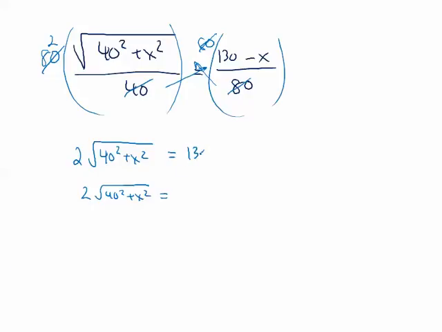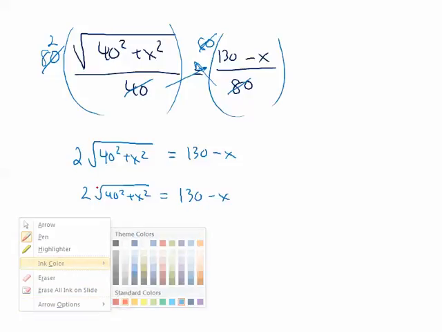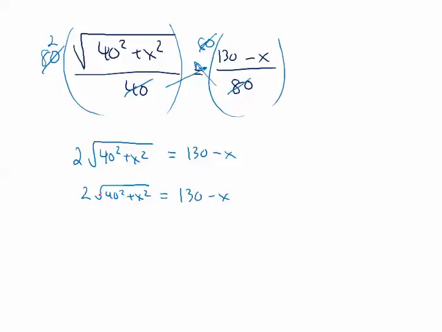That should be 130, subtract x, it stays like that. Okay, got a little choice here. To isolate the radical, should I divide by 2 or should I not divide by 2? The only time you want to divide by 2 is if you can factor out a 2 out of here and divide it out. Can't do it this time. So multipliers on the side of a radical can stay there, and that's fine.